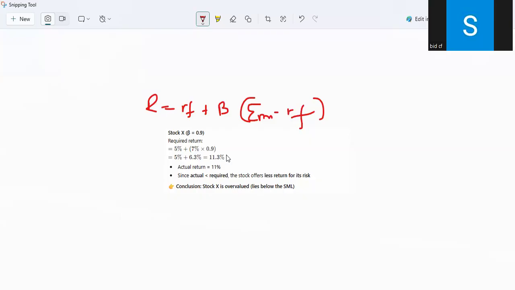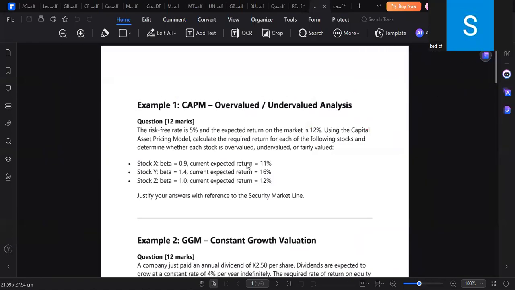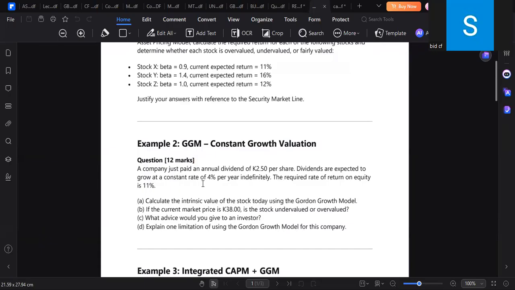Okay, or 11. So against the 12%, what can we say? That this stock is overvalued, right? So we're just trying to answer the question to say we are able to tell from the CAPM model whether a stock is overvalued or undervalued. So you can justify the answers here using our CML curve.